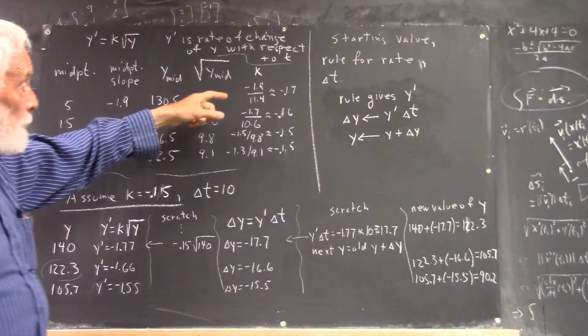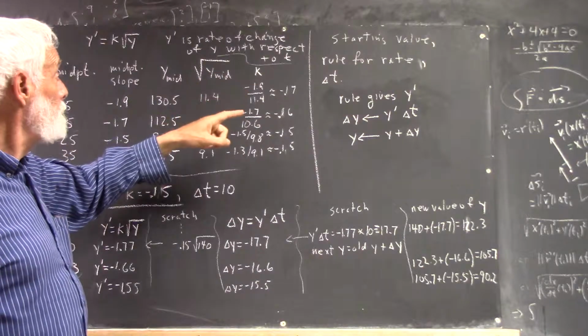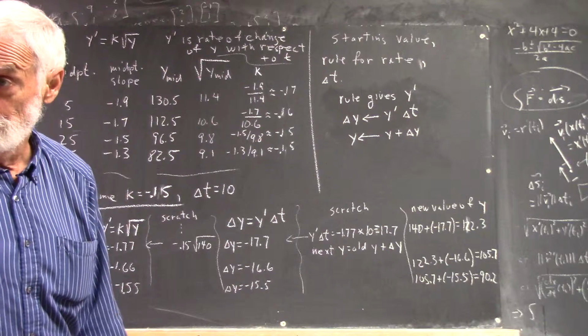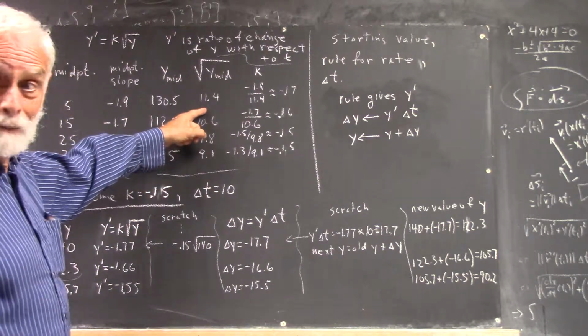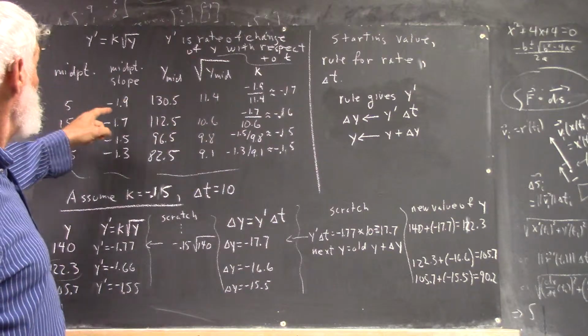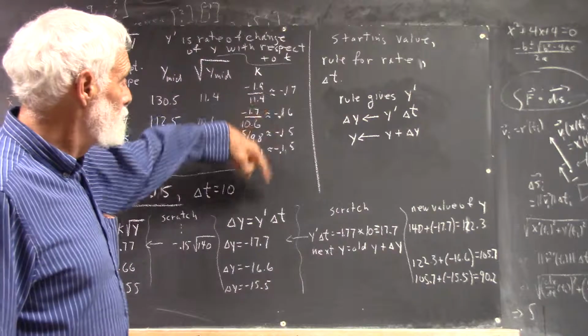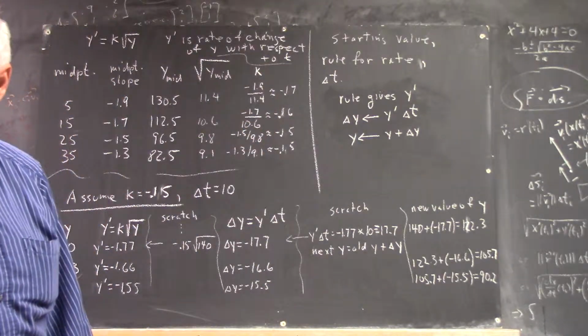And then we evaluate k. Now what's k? Y prime equals k square root of y, right? That's why we calculated the square root of y mid and the y prime at y mid, which is the midpoint slope. So then we get these values for k, and we find out they're not totally consistent, okay?